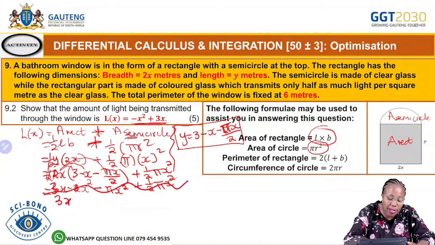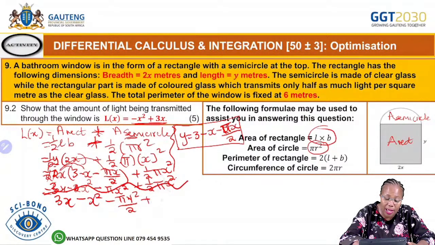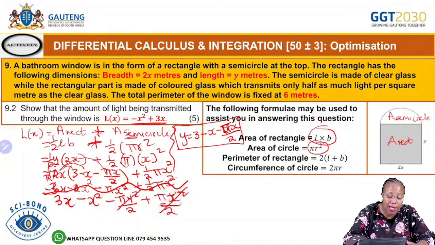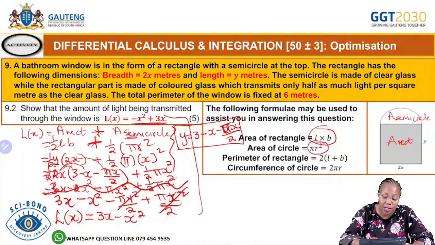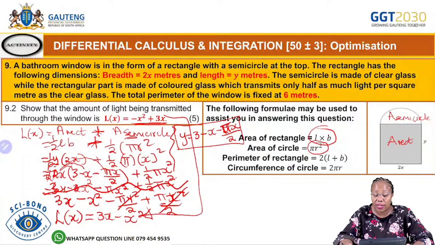It will be 3x minus x squared minus pi x squared over 2, and then plus this one half, it will still be pi x squared over 2, and then this part minus that one will cancel. Then we are left with the light through the window in terms of x is 3x minus x squared. So that is the formula that was given to us initially.